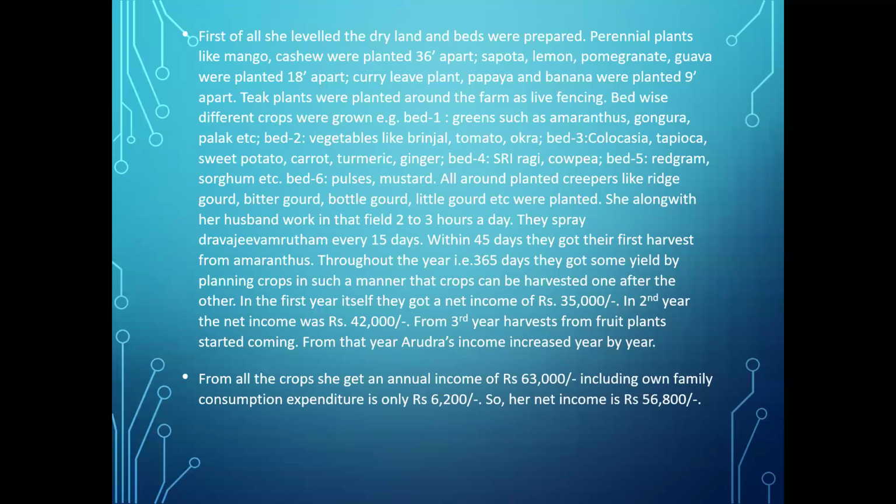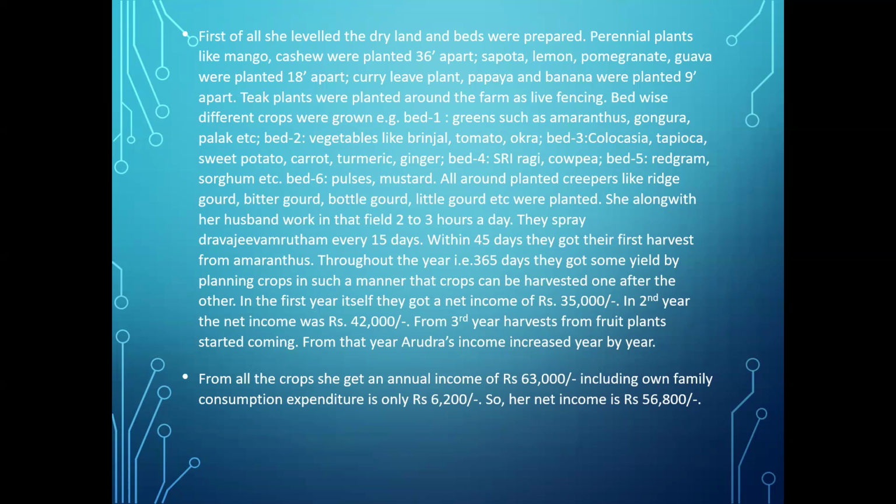In the first year itself, they got a net income of 35,000 rupees. In the second year, the net income was 42,000 rupees. From the third year, harvests from fruit plants started coming. From that year, Arudra's income increased year by year.